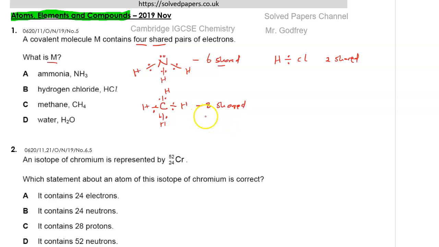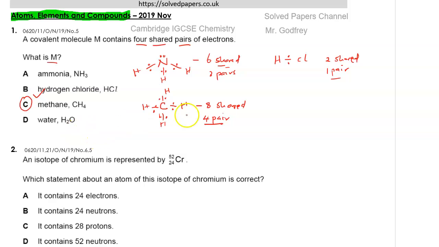These are 3 pairs, as you can see there, and this is only 1 pair. Here we are told 4 shared pairs, so that makes our answer methane.